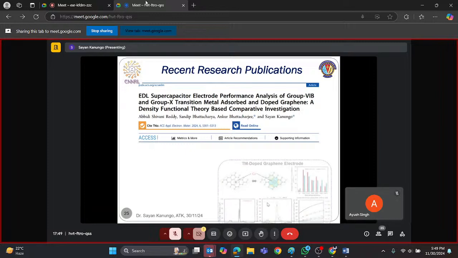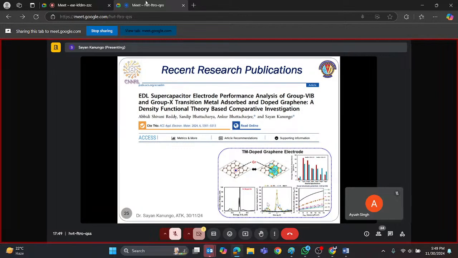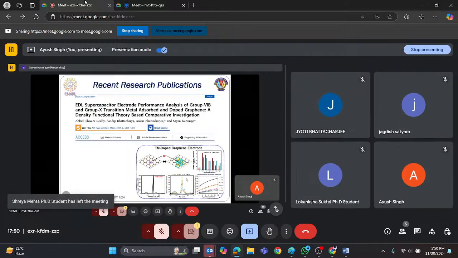From this extensive comparative study, we have been able to identify that the adsorption of group 6B transition metals, namely chromium, molybdenum and tungsten, as well as the substitutional doping using these group 6B transition metals, leads to a large localized peak in the density of states near the Fermi level, which once again transforms into an overall improvement in the quantum capacitance of the graphene.